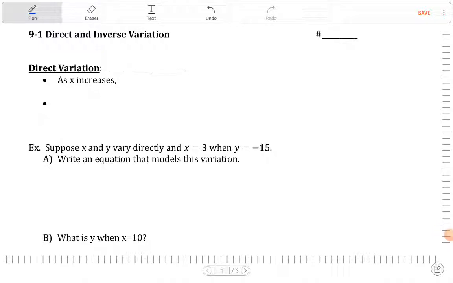Okay, welcome to your 9.1 notes for direct and inverse variation. So the direct variation is a relationship between a y, a constant number k, and x. You should have seen this form before because it's nothing else than a linear relationship where k represents your slope.